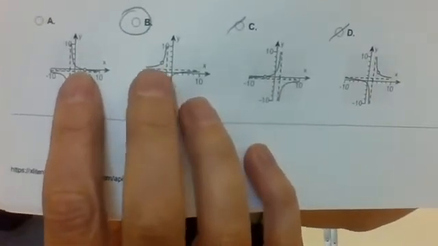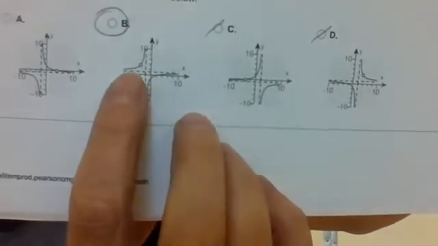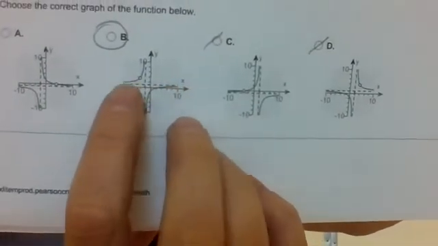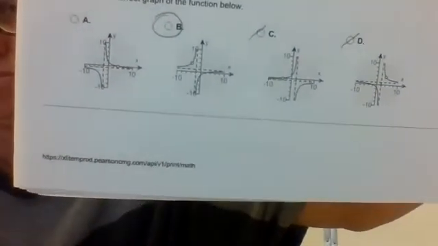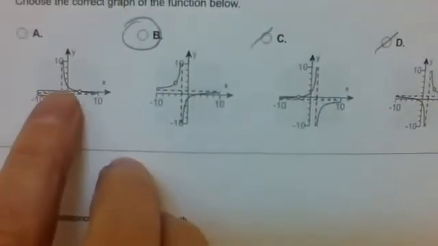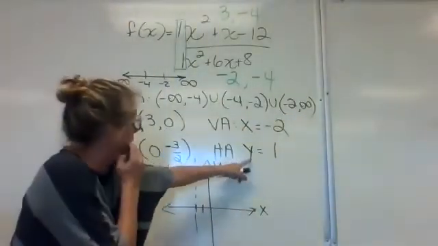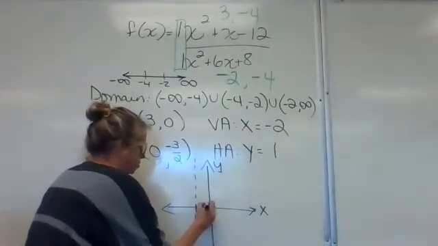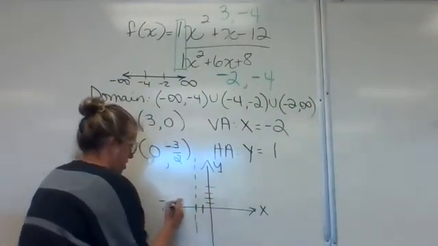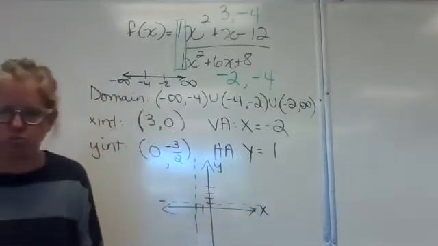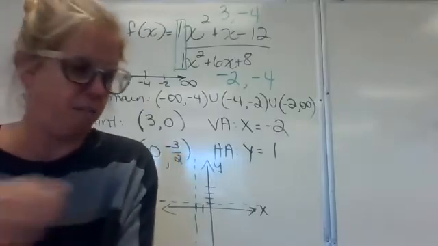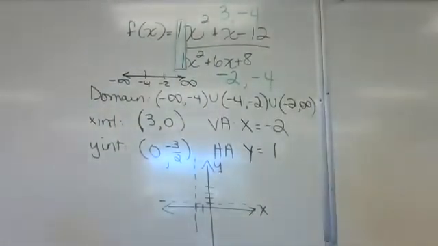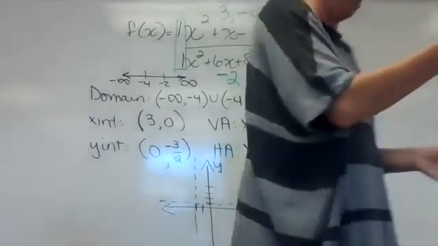But look at the horizontal. Look at this one. It's going above the x-axis, so it's in the positive area. This one is going below. See this horizontal one? It's going below. So what is my horizontal asymptote? It's at y equals positive 1. So it is right there, which is why it would be that B one, because that one's the one that had the positive horizontal asymptote.